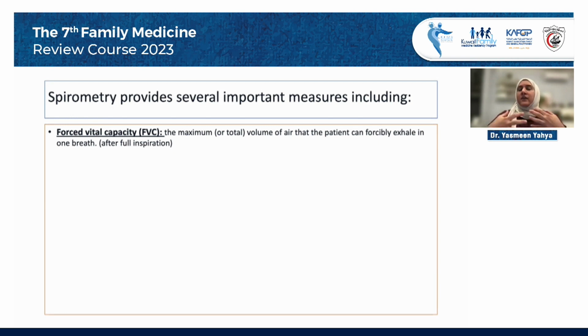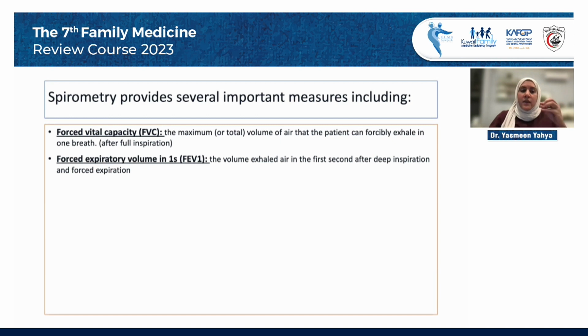The other value that you need to interpret is the FEV1, which is the forced expiratory volume in 1 second, the volume of exhaled air in the first second after deep inspiration and forced expiration. So this is another important figure that you need to look at.